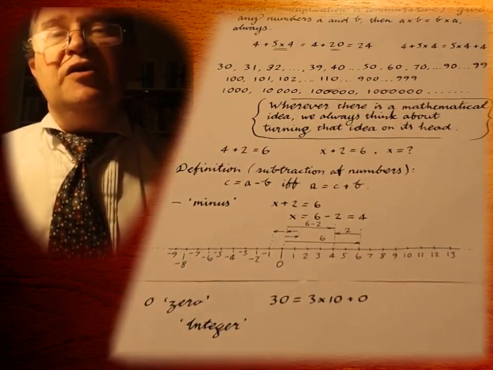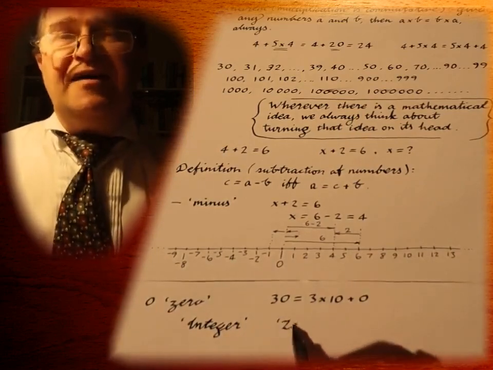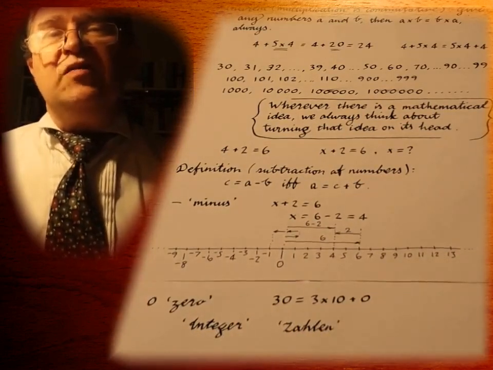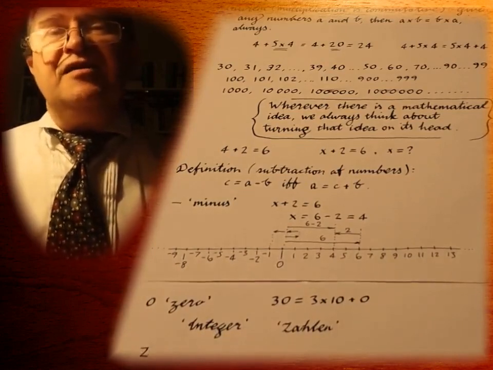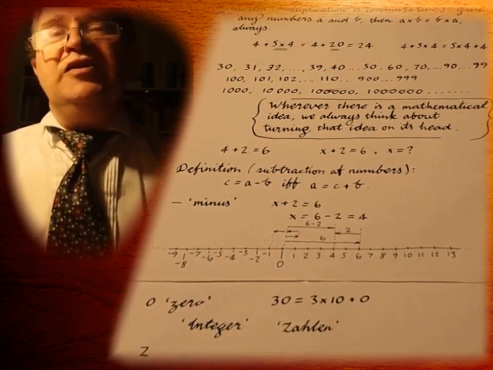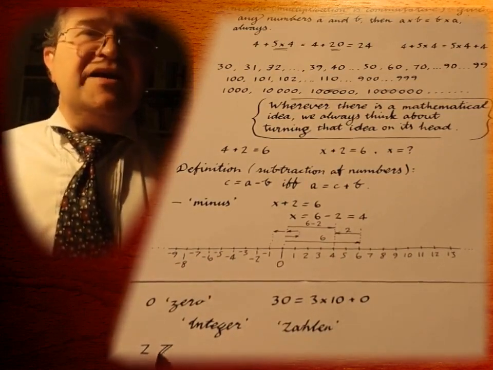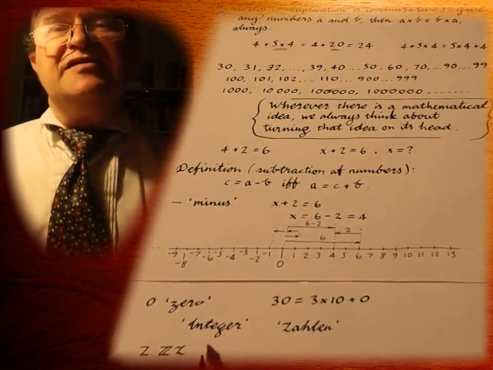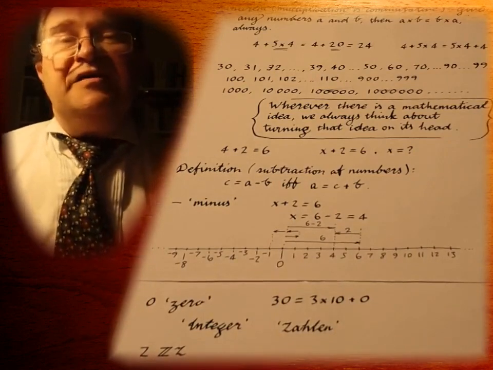Now the German word for integer, or actually just number in general, is Zahlen. And so the set of integers is denoted with the symbol Z. Unfortunately, I is used for rather a lot of things in mathematics, so we use Z to avoid confusion. Note that many textbooks use highly stylized versions of the letter in the context of the set of integers, like these, but here we just keep things simple.